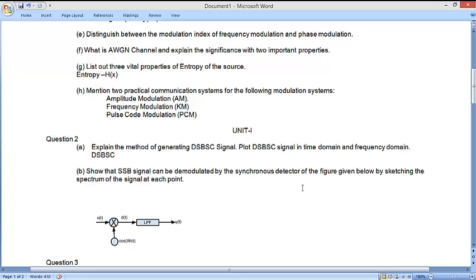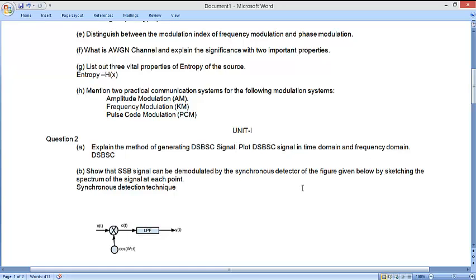So here you have to describe the synchronous detection technique. The baseband or modulating signal can be recovered from the SSB-SC signal by using the synchronous detection technique, and this technique involves the multiplication of the received SSB-SC signal with the locally generated carrier.